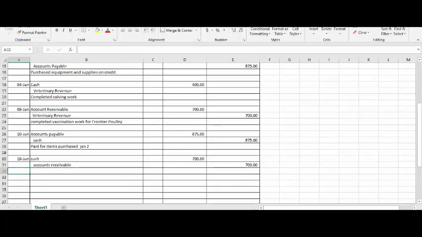So receive payment from Frontier Poultry.